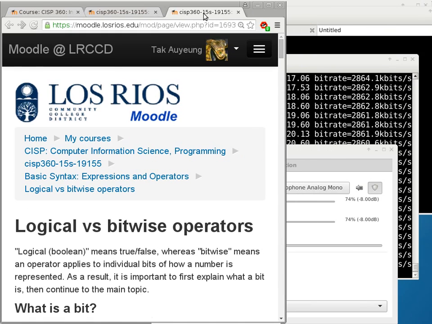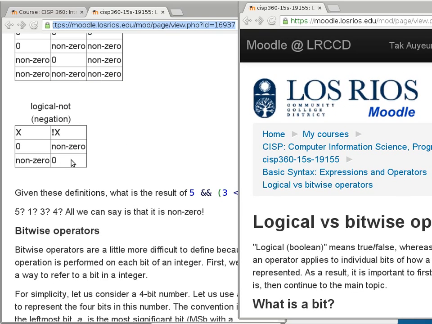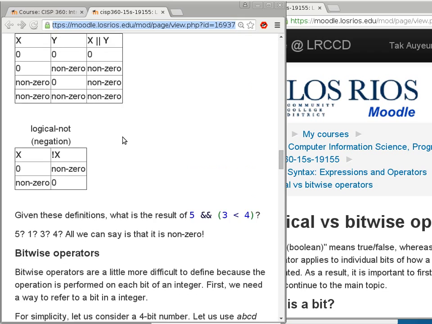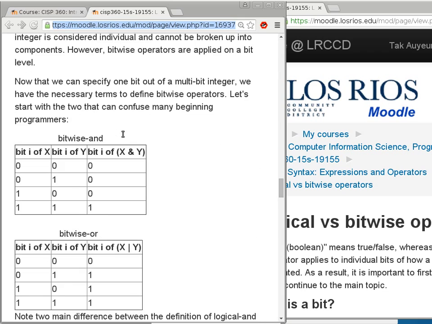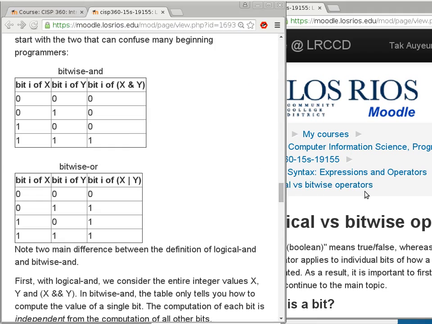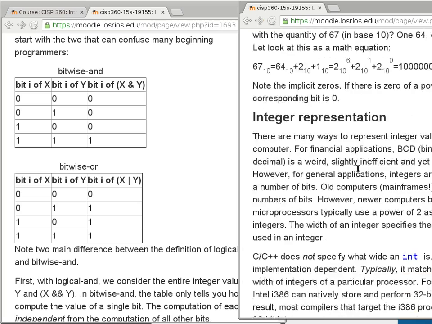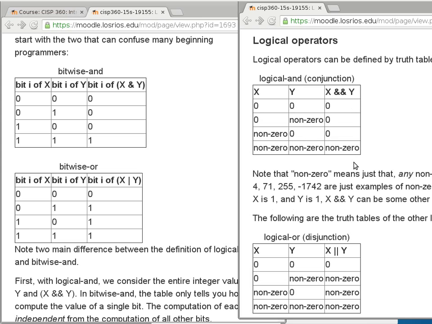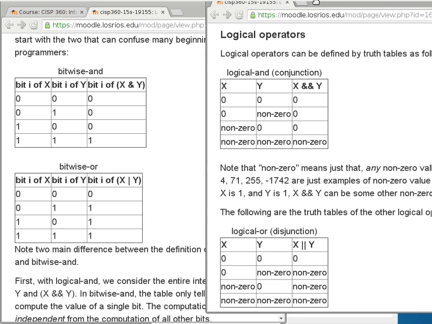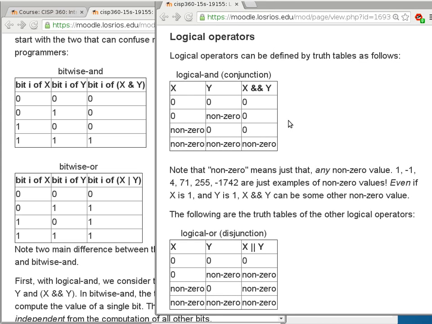Let's shrink this one and put it on the side. On the left-hand side, I'm going to show the bitwise operator, and on the other side, I will show the logical operator. This way you can get a really good sense of how close they are, and yet they're slightly different. So look at these two. This is bitwise AND, and this is logical AND.